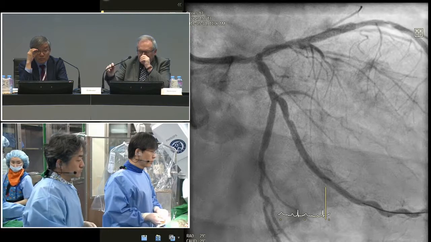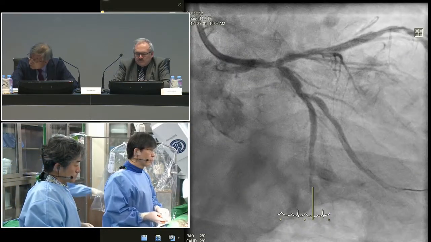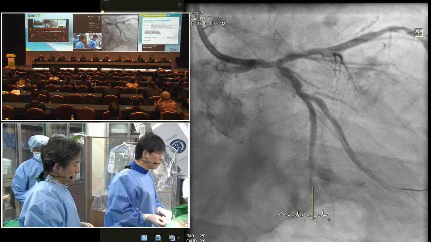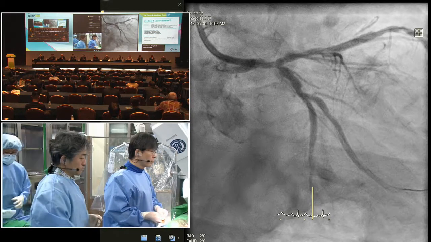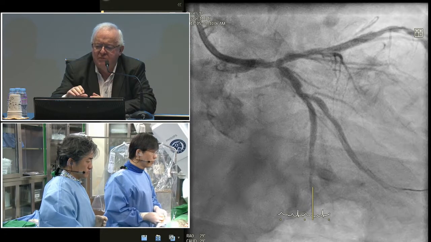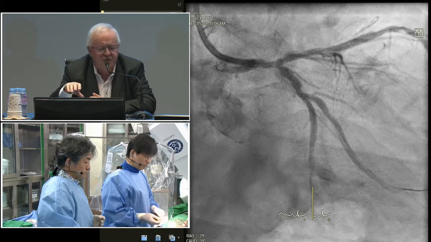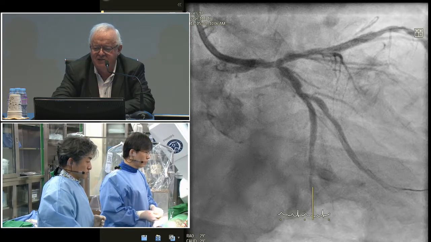I have the same impression about the proximal circ, and I don't think the IVUS shows a very tight lesion. Second, if there is a real lesion there, it's short and very close to the left main, so it can be improved by the left main stenting itself, what we call stenting two vessels with one stent.